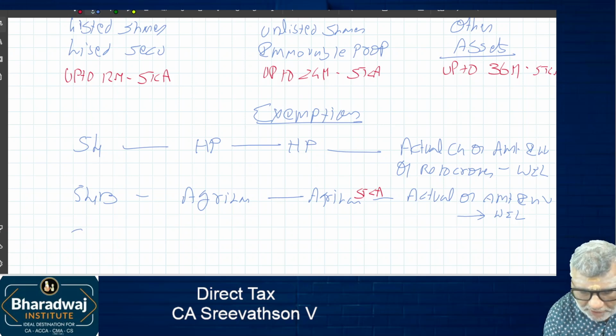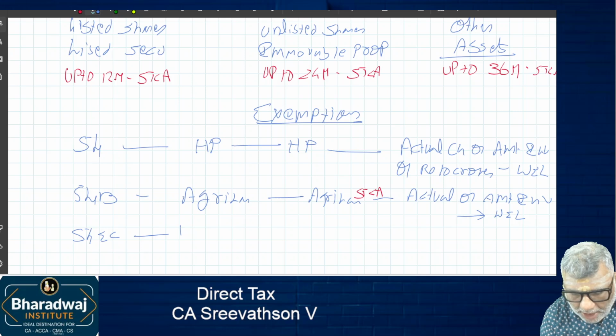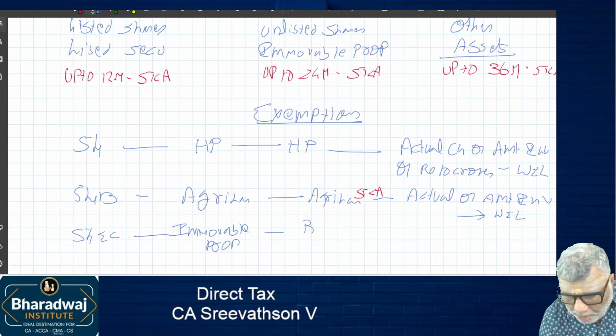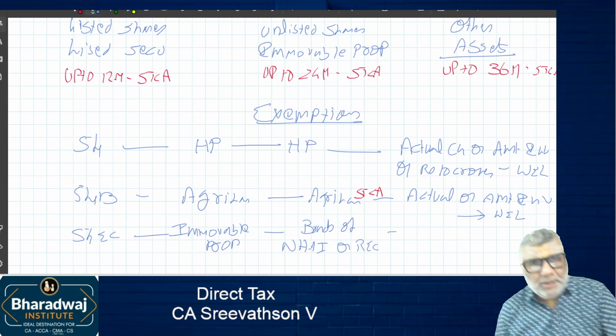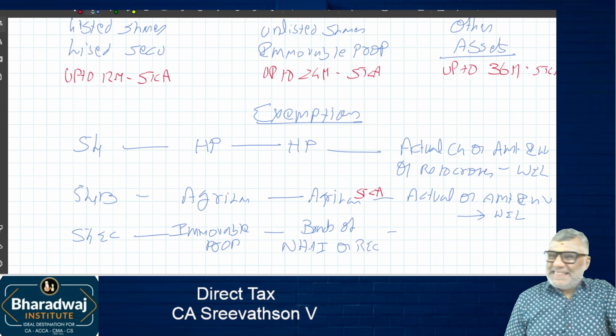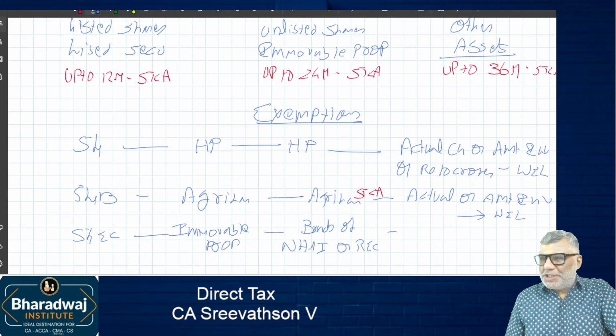54EC. What is sold is immovable property. What is purchased is bonds of NHAI or REC. You should have invested within 6 months. So please be cautious about that 6 months.